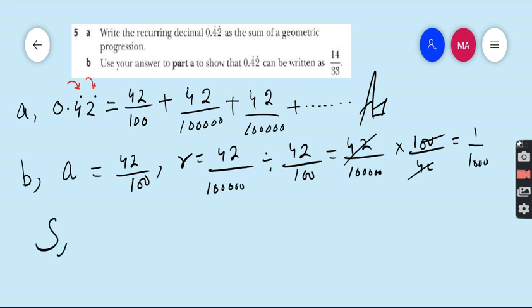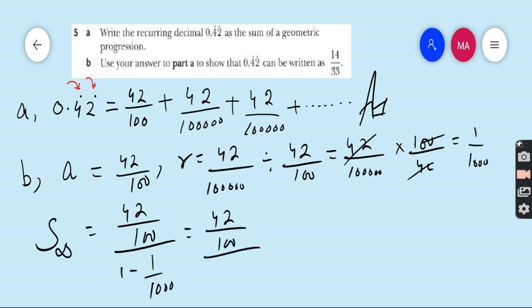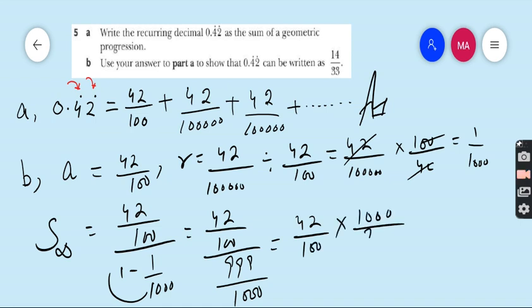This is r. Hence sum to infinity is a upon 1 minus r.